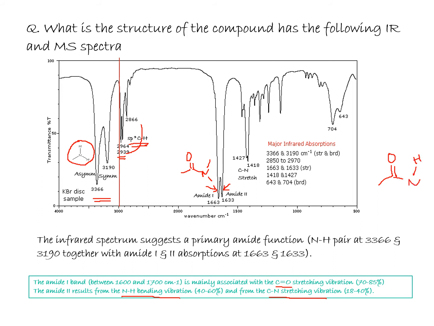This is amide. You mentioned again that you don't have any aromatic part or any vinylic part or alkene functionality. So we can say we have an R here, alkyl group. This is what we get out of the IR.